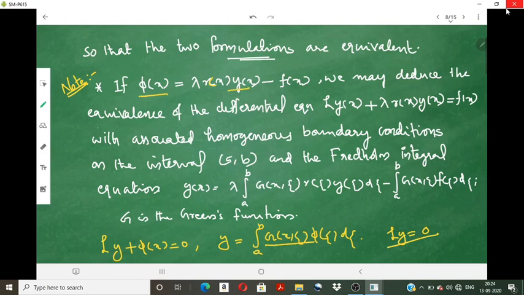We may deduce the equivalence of the differential equation Ly plus lambda r of x y of x minus f of x equal to 0, in other words Ly plus lambda r of x y of x equal to f of x, with associated homogeneous boundary conditions on the interval a to b, and the Fredholm integral equation y of x equal to lambda times the integral from a to b of g of x theta r of theta y of theta d theta minus the integral from a to b of g of x theta f theta d theta, where g is the Green's function. So this will be the corresponding integral equation.